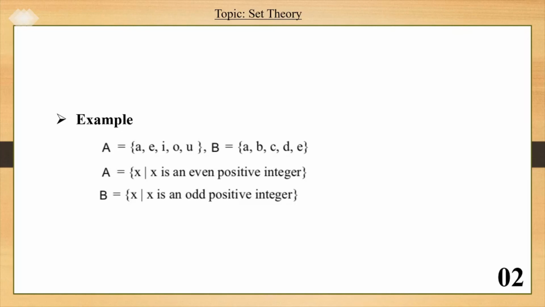And we studied the representation of a set in two forms. One is roster form and the other is set builder form. In roster form, we write a set in brackets with each member separated by a comma. And in set builder form, we write a set in a detailed way.